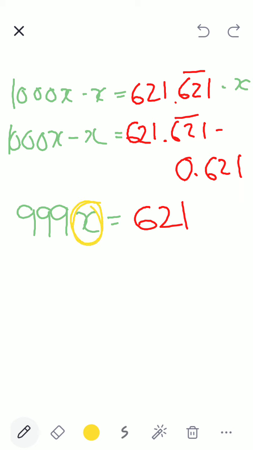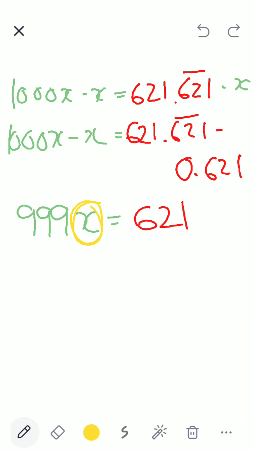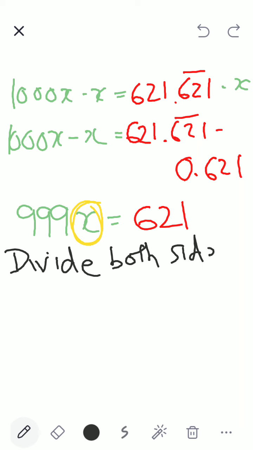So the best way to make x alone is to divide by 999. So I will divide both bags, or both sides, by 999.